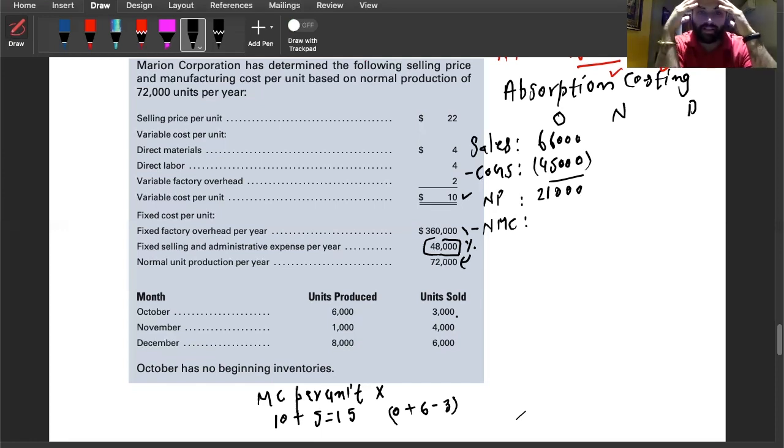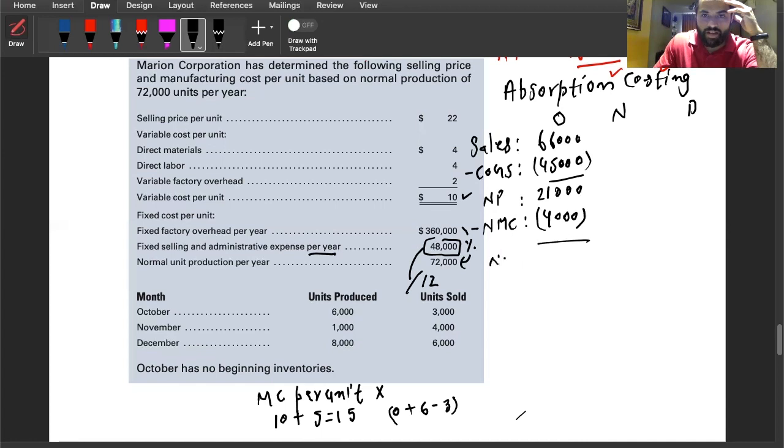Yes, 4,000. 48 is for 1 year, so you have to divide it by 12. So 4,000. So net profit is 17. That's your October.